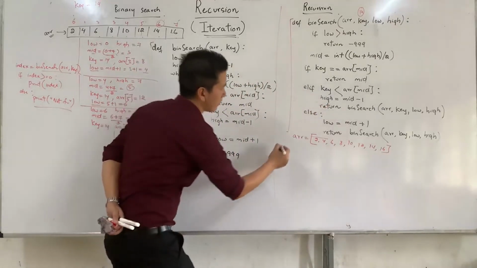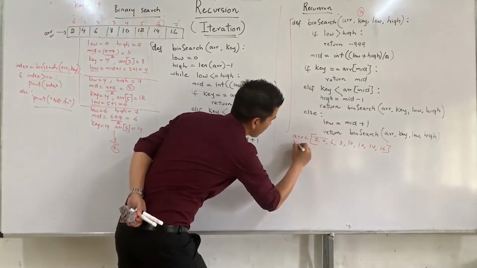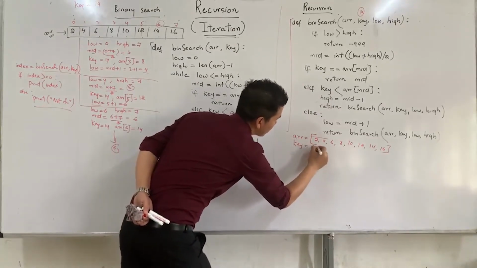Alright, this is the list, and then you have the key value. Let's say this is 14.